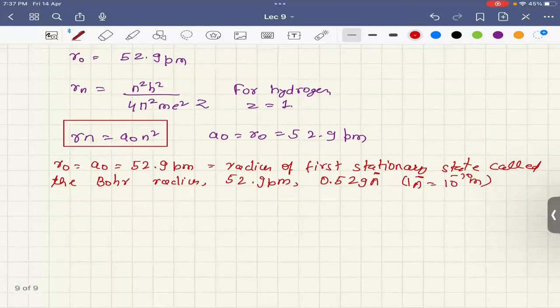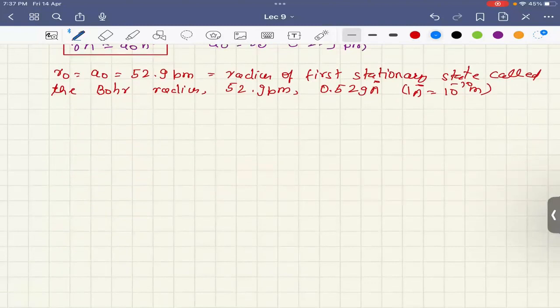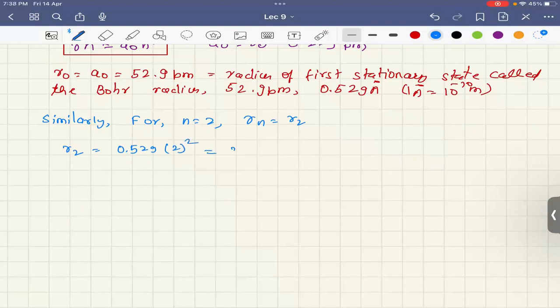Similarly, for n equal to 2, R2 is 0.529 into 2 square, which corresponds to 2116 picometer, and so on and so forth.